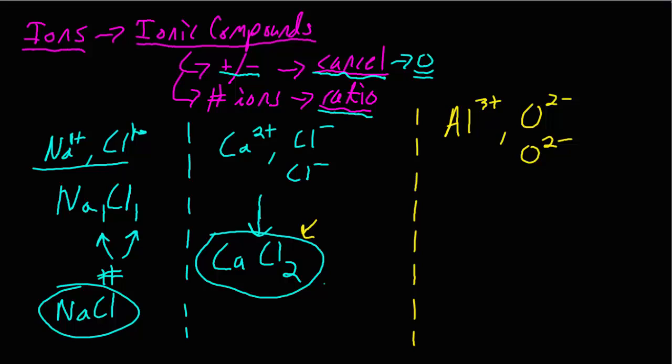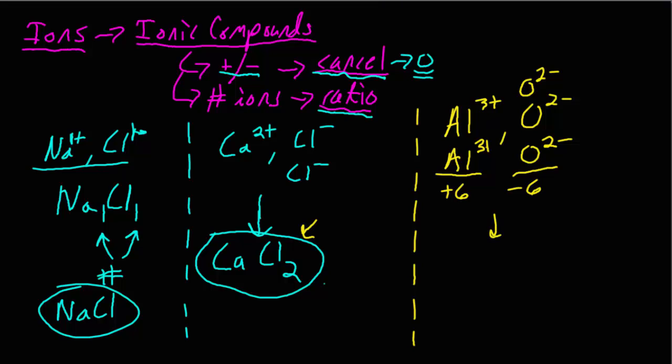If we add a second O2-, I'm still not even, but I'm getting there. I think you can see where this is going. This is going to a least common multiple of 6. If I go 2 Al3+, that's a total of +6. If I get 3 O2-, that's a total of -6. That'll get it done for me.